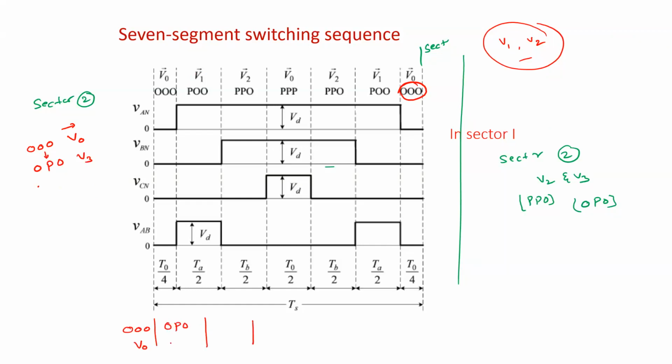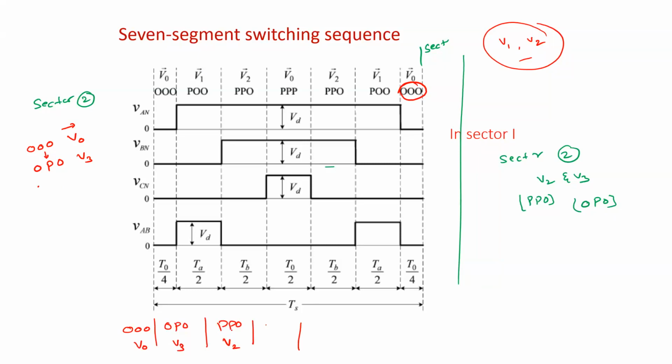So this is V0, this is V3. What will you get here? V2, right? What is its value? PP0. And what will you place here? P, P, P.